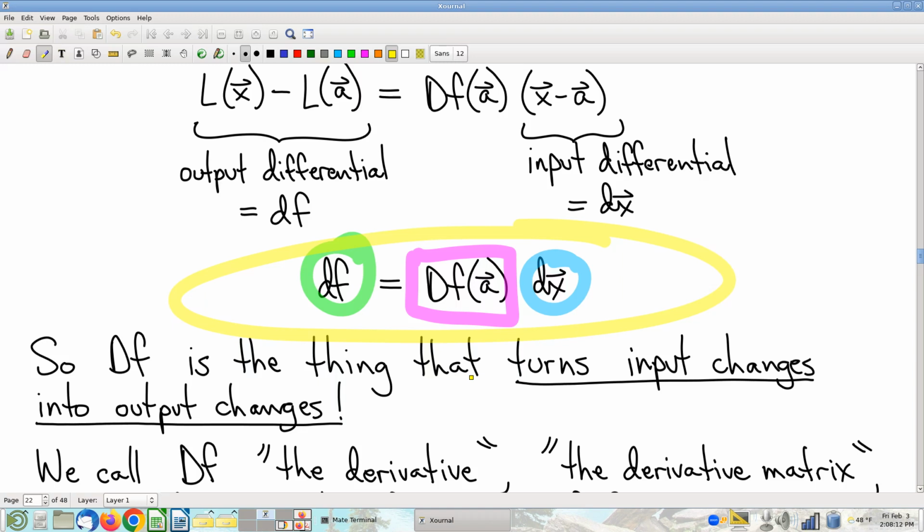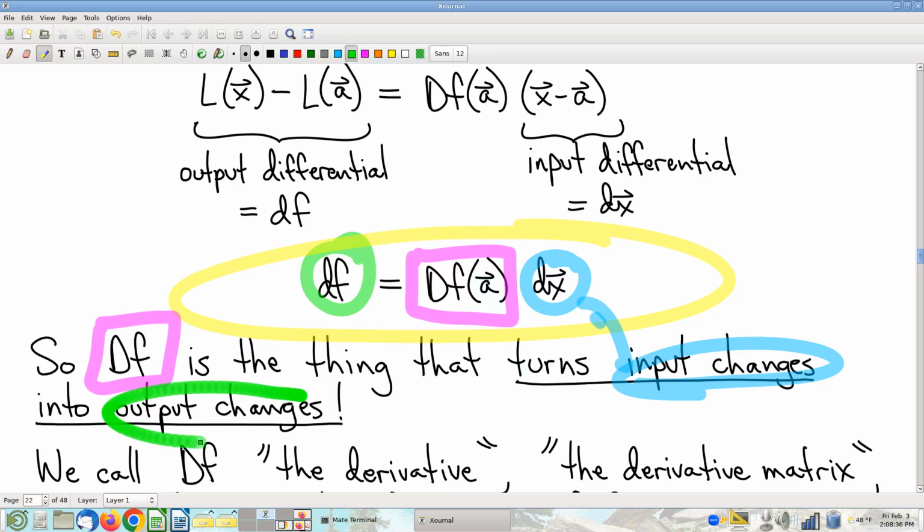We've got this DF matrix thing. It's made up of a bunch of derivatives. Plays a role kind of like a derivative, right? We've got several different kinds of derivatives. And this one, this thing DF, is really the most general of them. It, again, turns input changes like dx into output changes, aka df.